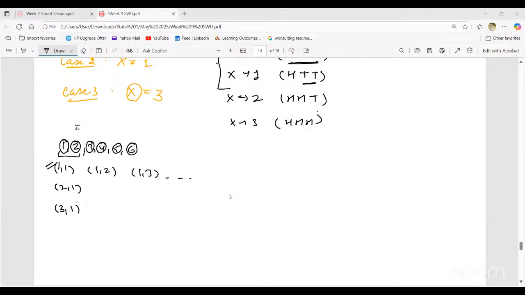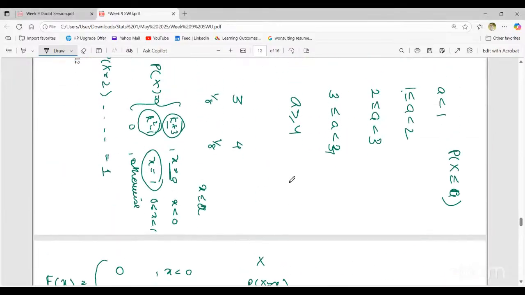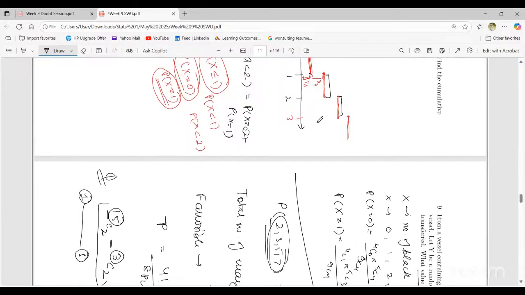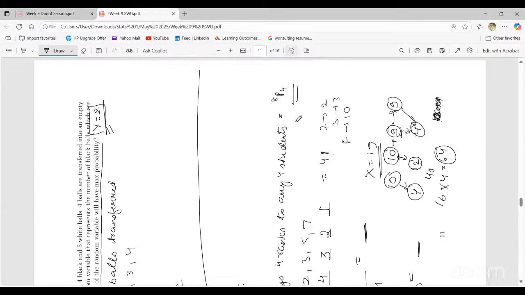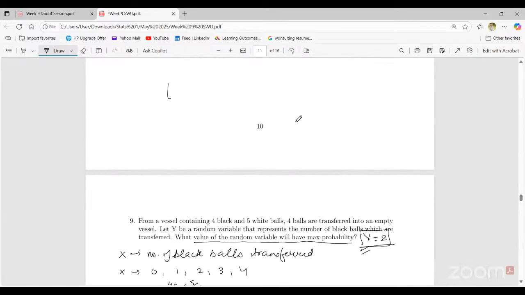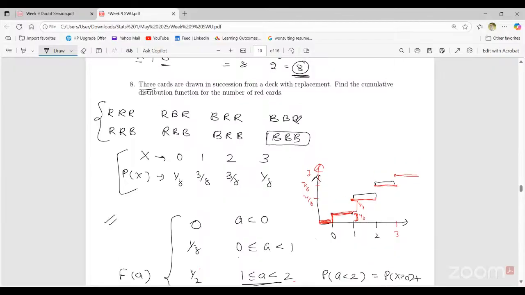Have you guys solved the questions, the assignments and everything? In 9.6, question second. This question, I think I have solved it. This one.